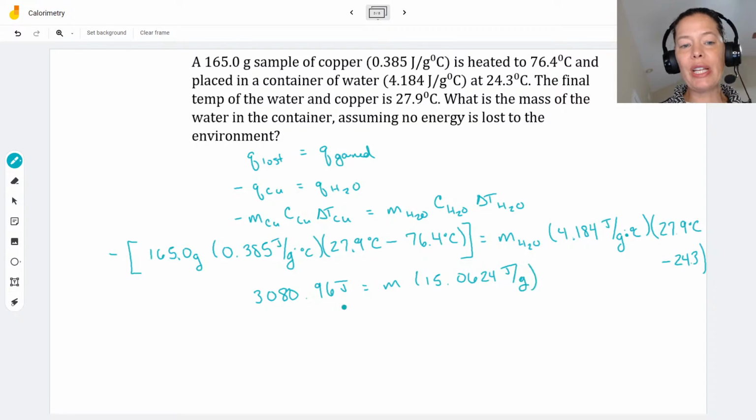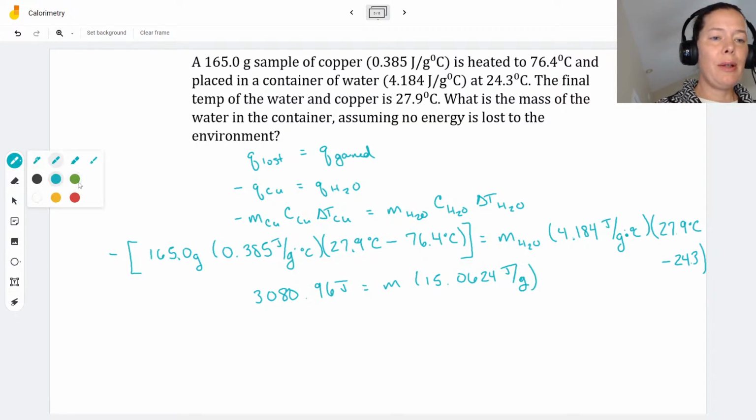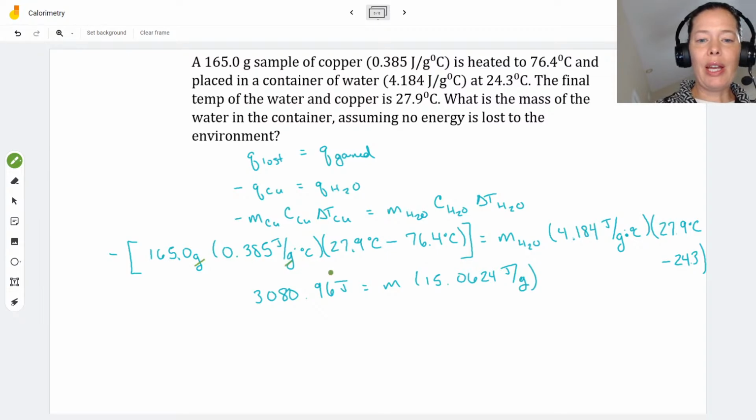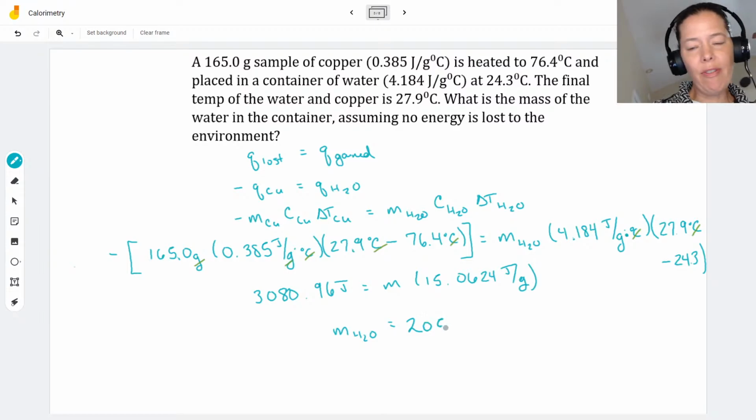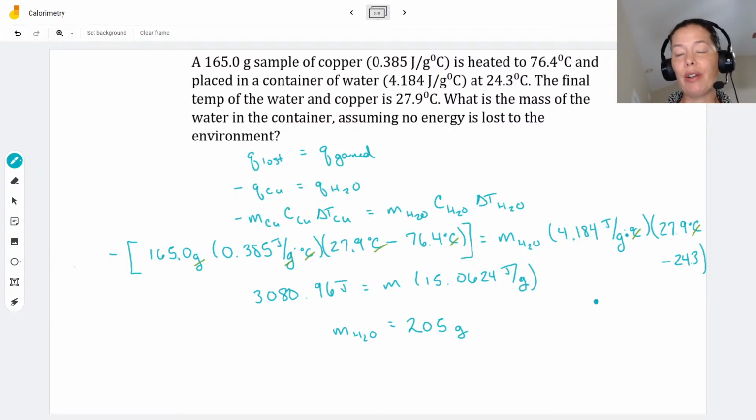Okay, so remember, I'm already canceling units out here. You can see my grams cancel, my Celsius cancels. Again, here my Celsius is going to cancel. So that's where these units come from. And so my mass of water is 205 grams. Okay, so that is the mass of water.